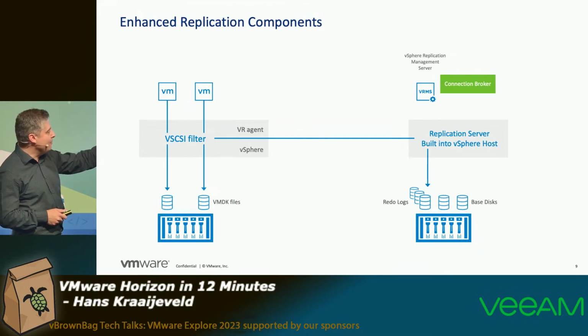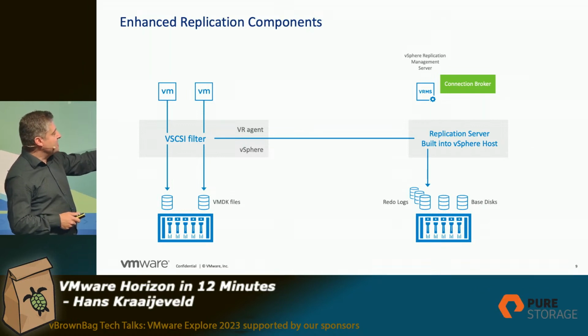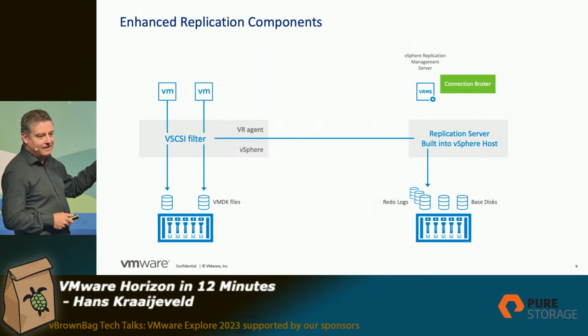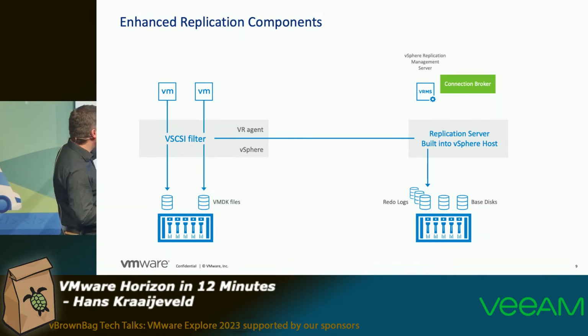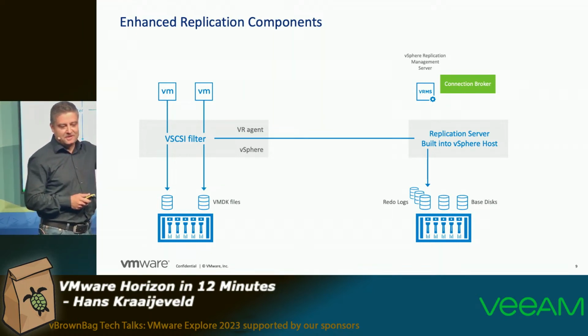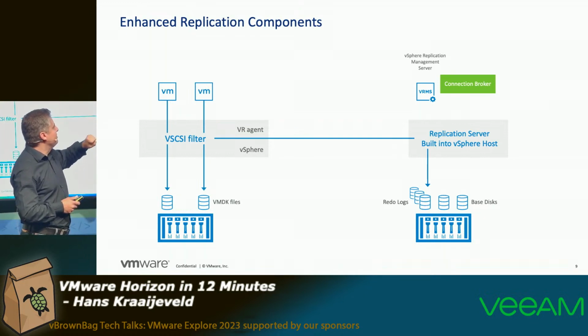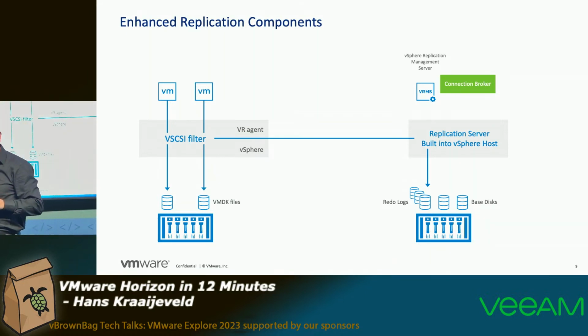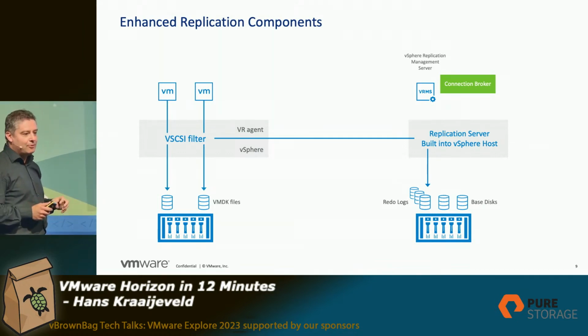With the new enhanced vSphere Replication, the replication service is built directly inside the ESX as a VIB component, if you are familiar. So the data path now is directly from source ESX to target ESX through the connection broker. And this new connection broker provides the balancing and the auto scale-out mode that I was talking about.